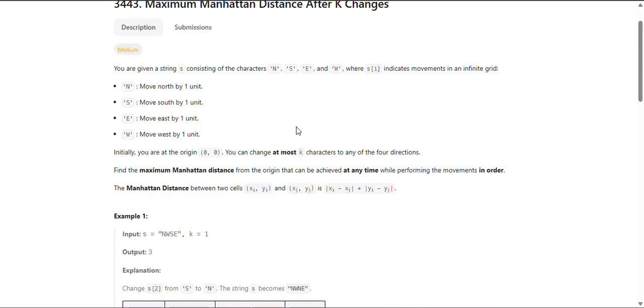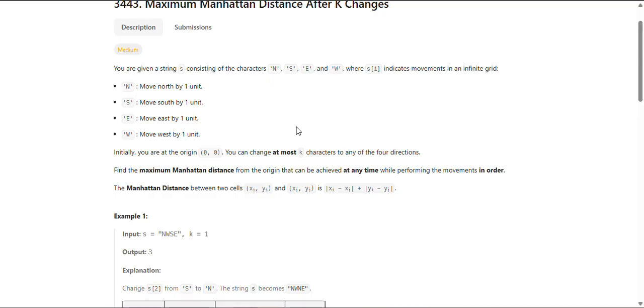So basically, for every north, south, east, west, I'll increment the respective letter's count and calculate the Manhattan distance. The Manhattan distance is basically north minus south plus east minus west. Cool.